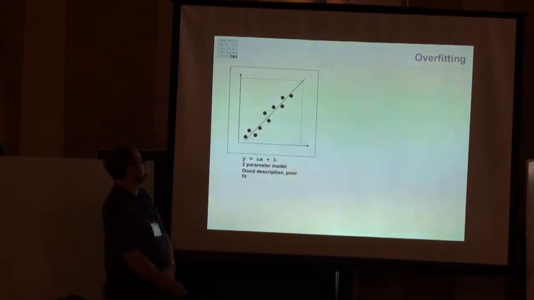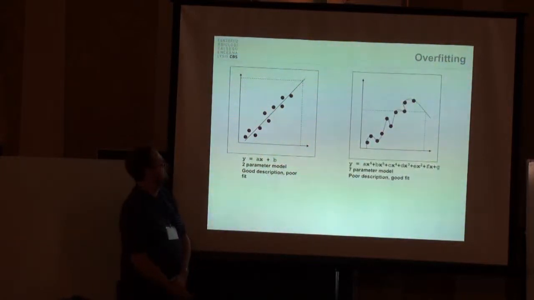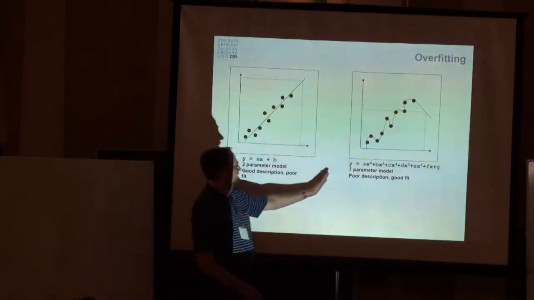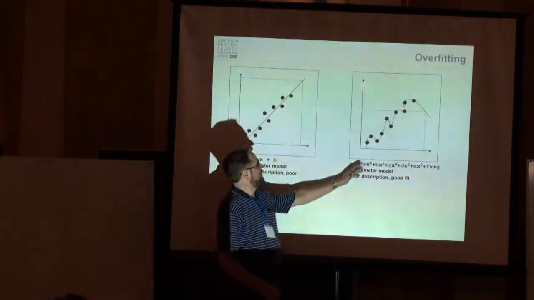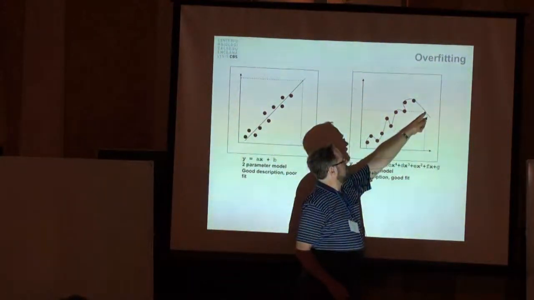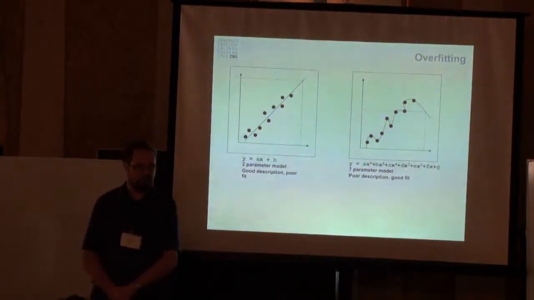There's a good description, but the fit could be better. Now you can also fit a 7-parameter model, which gives better fit, but a poorer description and a poorer prediction ability for new examples.